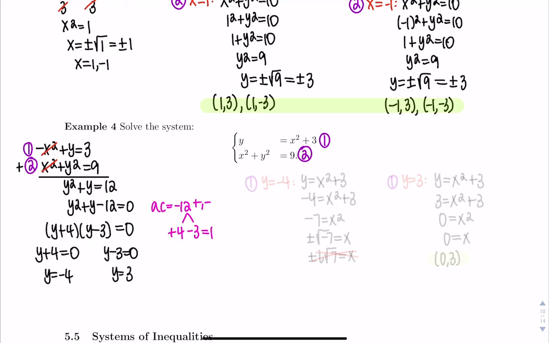So just like in the other ones, we got to plug in 2 different y values. And so I'm going to plug this back into equation number 1. Y equals x squared plus 3, and we're going to plug in y equals negative 4 first.